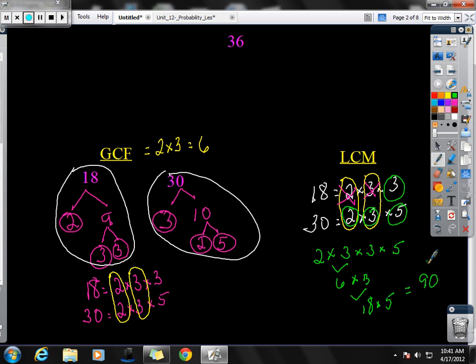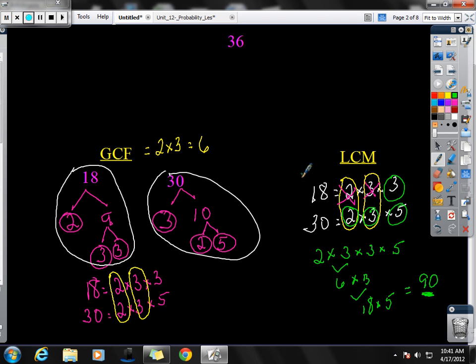So the least common multiple, if I were to list all the multiples of 18, saying 18 times 1, 18 times 2, 18 times 3, those are multiples, and I were to list all the multiples of 30, 30 times 1, 30 times 2, 30 times 3, and we keep working those out, 90 will be the lowest common multiple, the least common multiple.